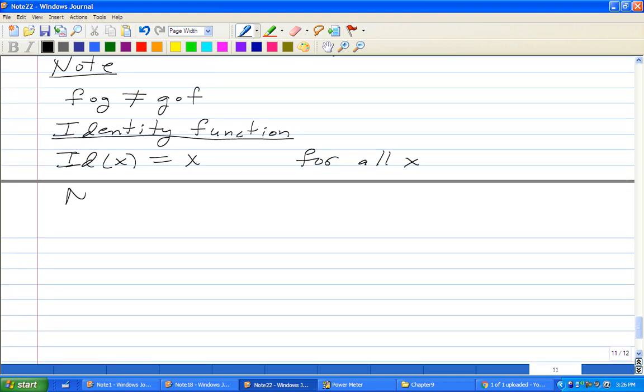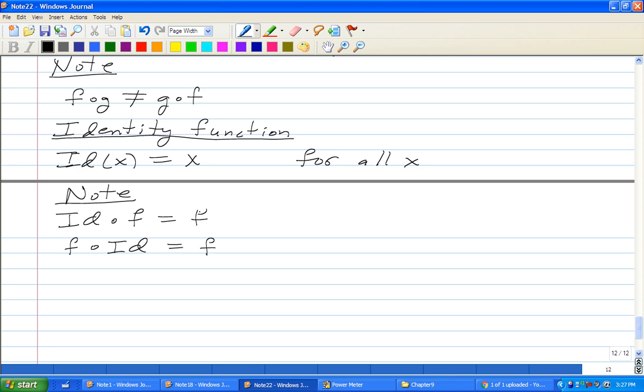Note the following. It does act like the multiplicative identity for the idea of composition as multiplication. So the identity composed with f is just f, and f composed with the identity is just f. So notice that this does indeed act like a composition identity.